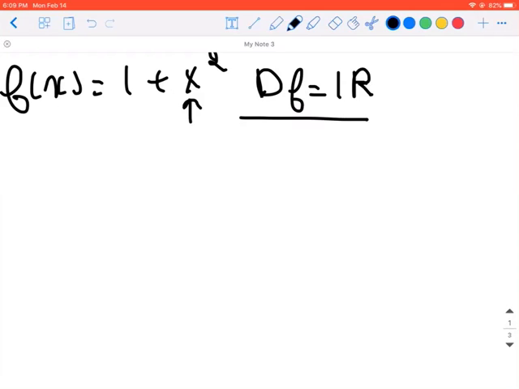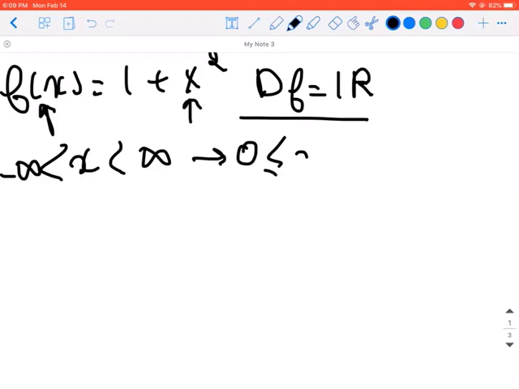To determine the range of f of x, we start with the domain. We have that x is between minus infinity and infinity, right? So x squared is between 0 and infinity.